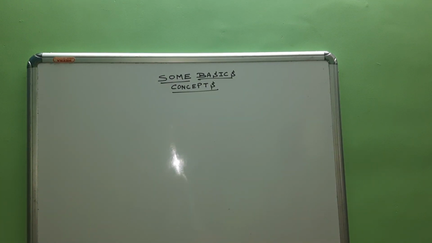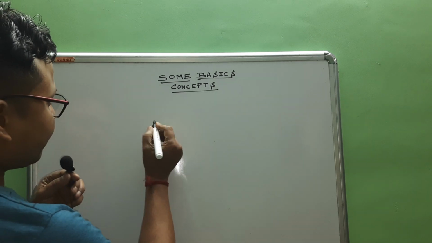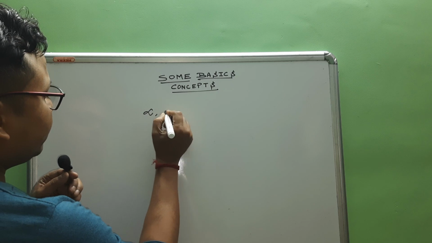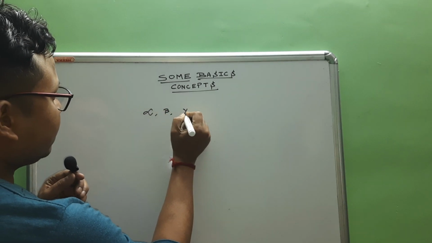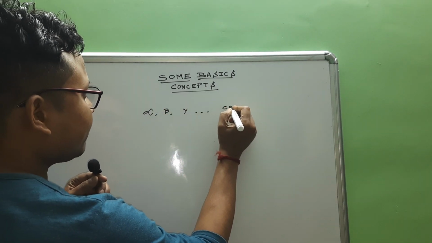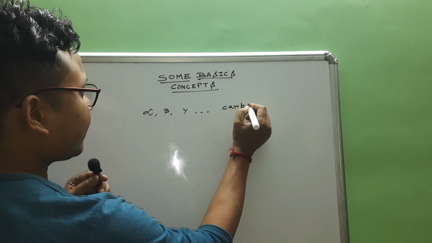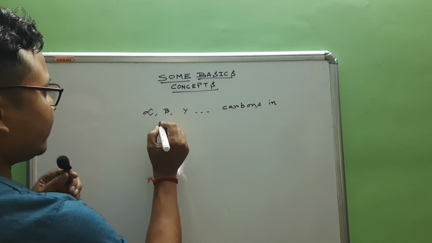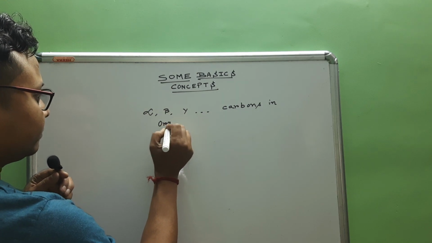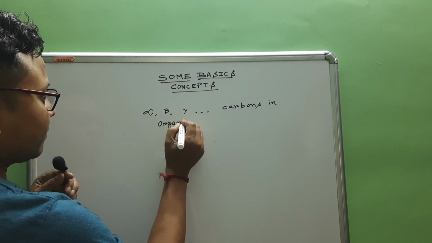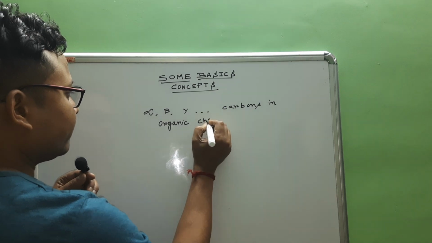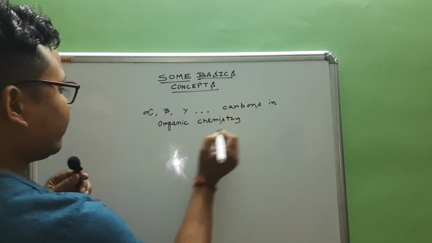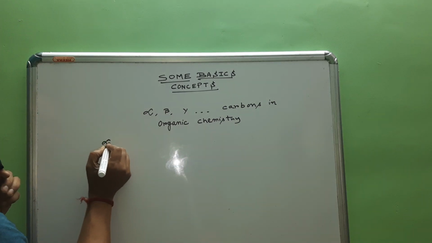So first of all, alpha, beta, gamma carbons in organic chemistry. At first, alpha. What is the alpha carbon?